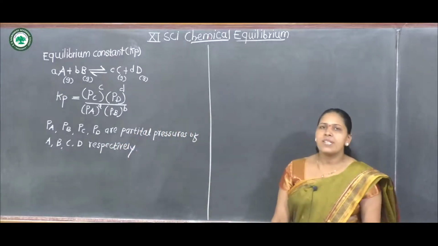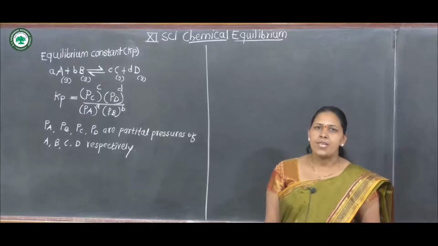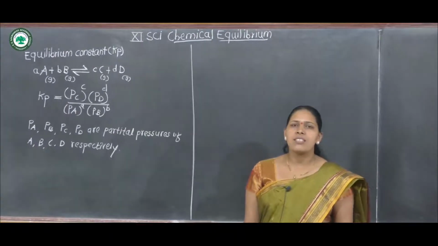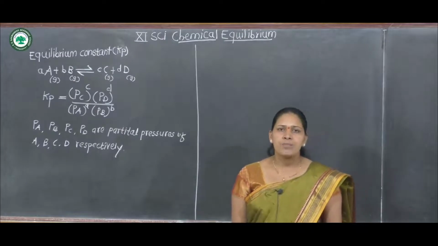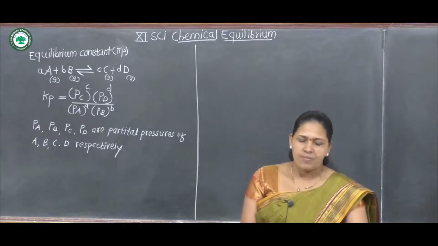This is the difference between equilibrium constant Kc and Kp. For the reaction involving gases, it is convenient to express equilibrium constant with respect to partial pressure.